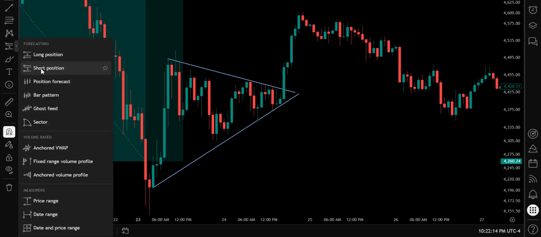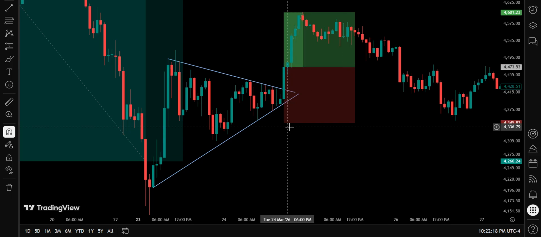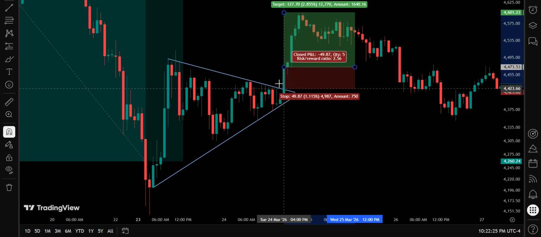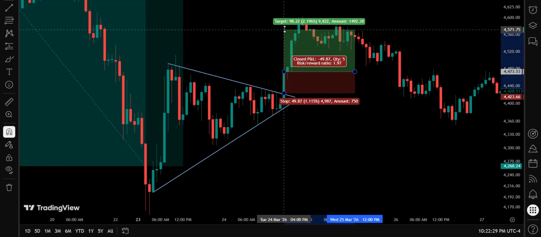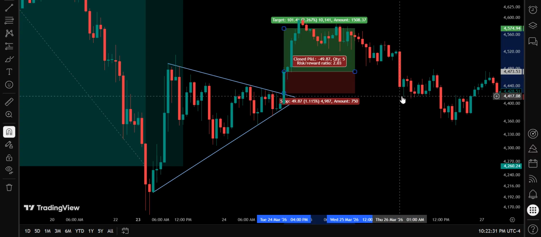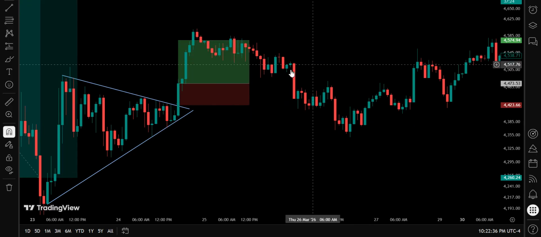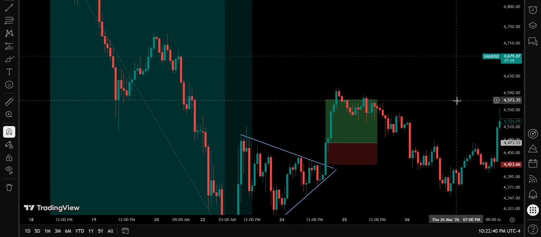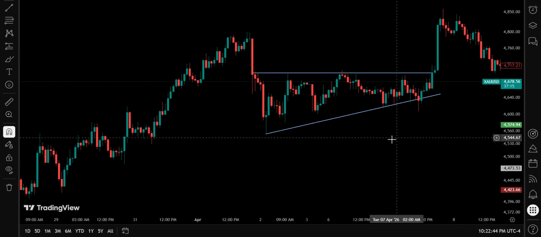So we will put a long position on the opening of the very next candle, and stop loss here. Our position is closed here. We got 1:2. It did not make a certain movement like this, but it gave us a good reward. Now let's move to the next.